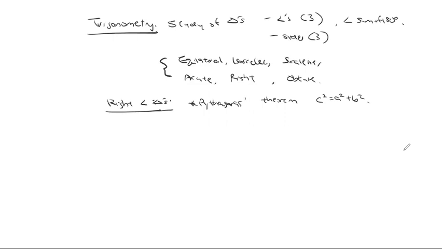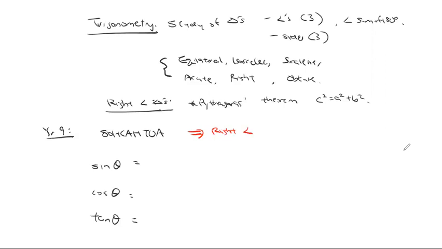Nothing new there, hopefully. And in year 9, you probably would have come across sine, cosine, and tangent of theta. You would have probably learnt the term SOHCAHTOA. And it's important to recognize that this refers to right angle triangles only.